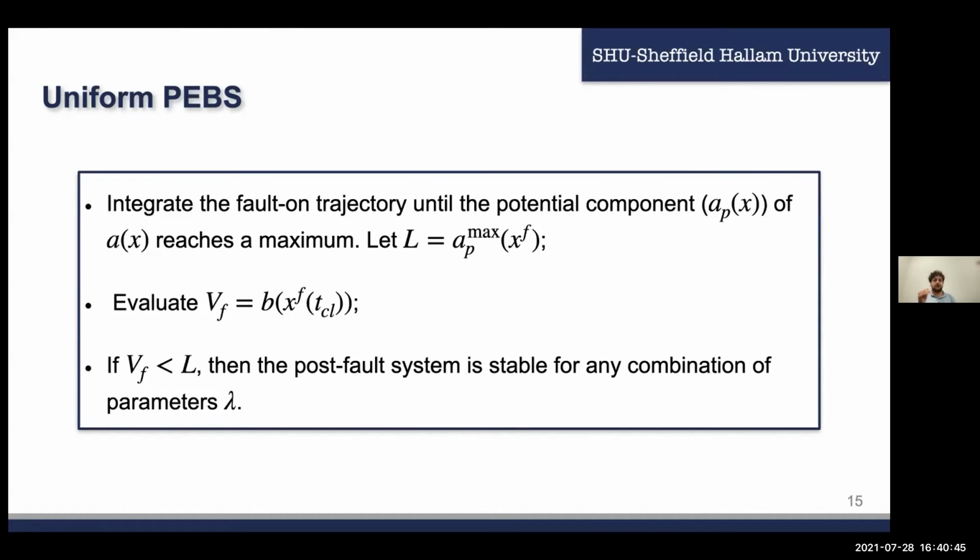We find the maximum of the potential energy of a of x, a p of x, and we evaluate V of x at the b of x, which is the highest value that V of x, the energy function, can assume given any combination of our parameters.